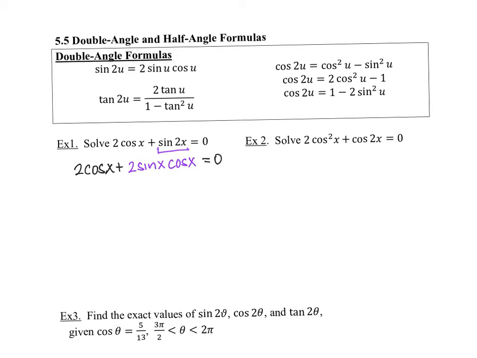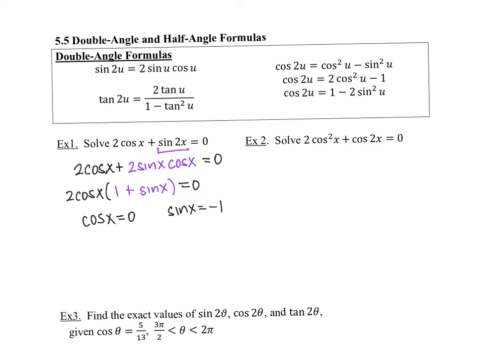This actually has a common factor. I can take out 2 cosine x. And then what am I left with? I'm left with 1 plus sine x equals 0, which gives me cosine x equals 0 and sine x equals -1.